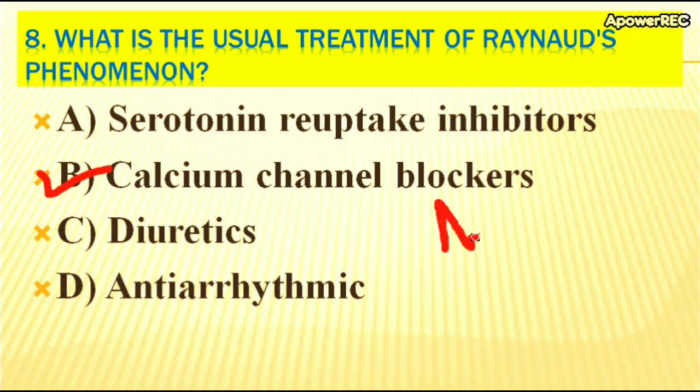Raynaud's phenomenon is a condition resulting in discoloration of fingers and toes after exposure to temperature or emotional events. That is Raynaud's phenomenon. SSRIs or serotonin reuptake inhibitors treat depression. Diuretics, for example Lasix. Antiarrhythmic agents treat abnormal heart rhythm.